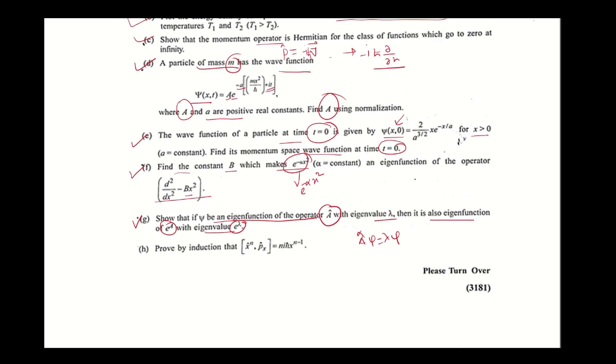Next one: prove by induction. Okay, with the help of the induction method, we have to solve this. We know that x and p do not commute, so the commutator gives iota h cross.